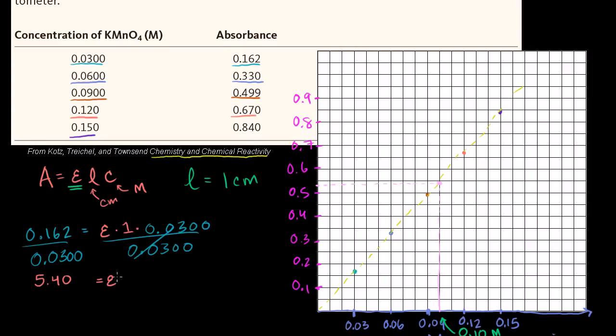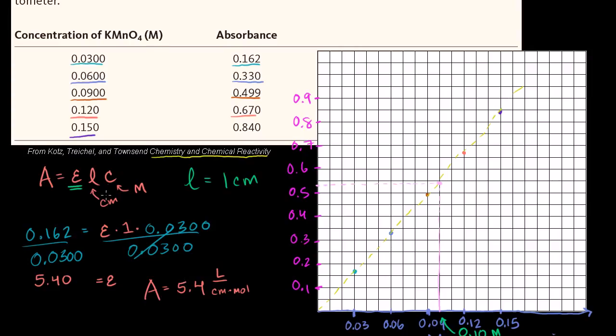Now, we can use this to figure out the exact answer to our problem without having to eyeball it like we just did. We know that for potassium permanganate at 540 nanometers, the absorbance is going to be equal to 5.4 times, and I'll put the units here. The units of this proportionality constant are liters per centimeter mole.